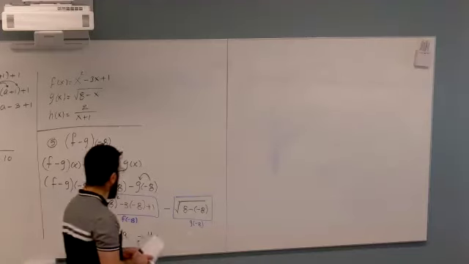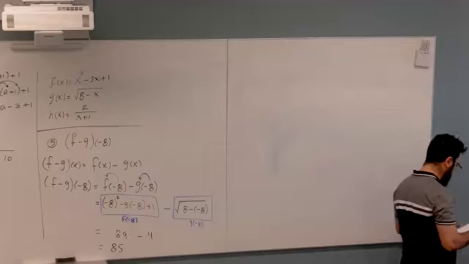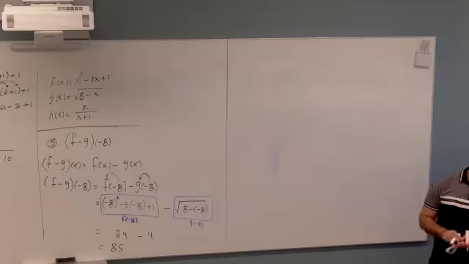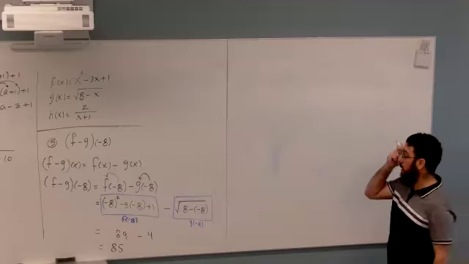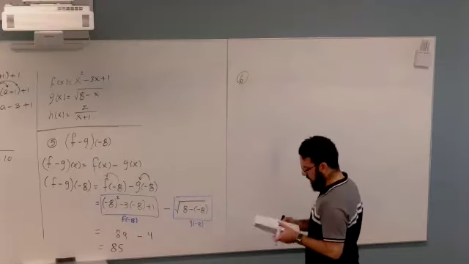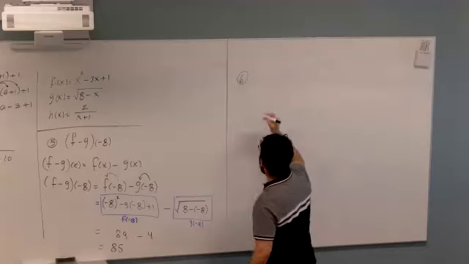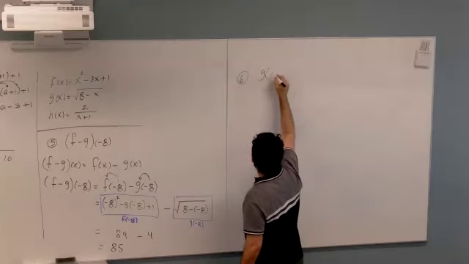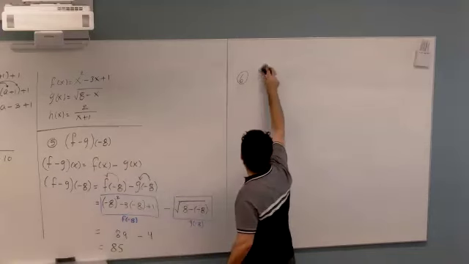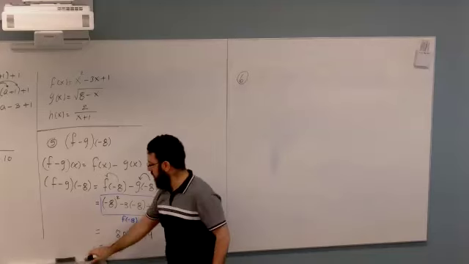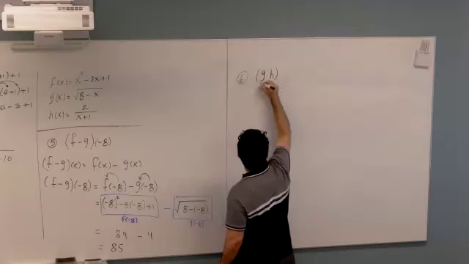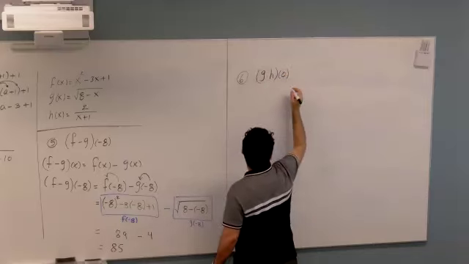For example, number 6. What do they ask you? F times g... Number 6: g times h of 0.